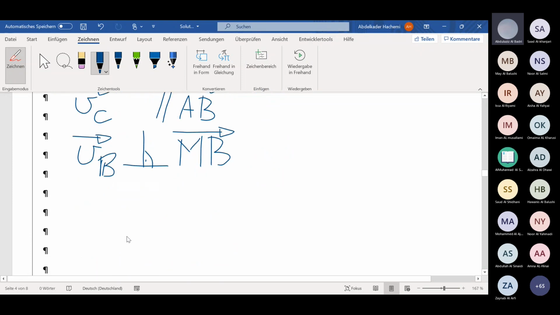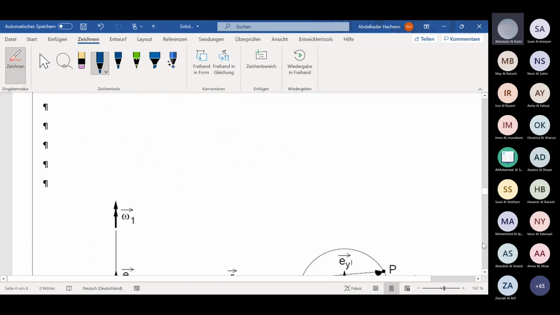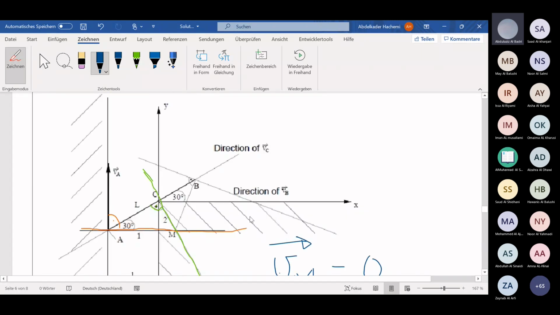When I return back now to the picture, we draw the line here, MB. When we draw the line to the point B from M, as we know the position of M, we get the direction of VB.